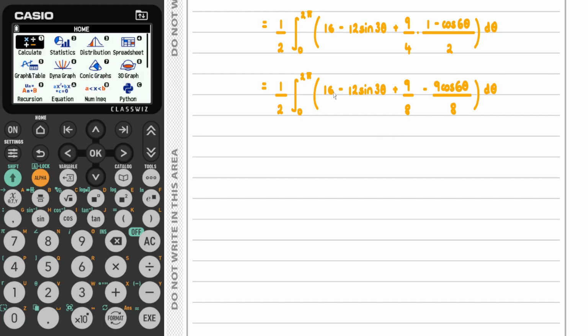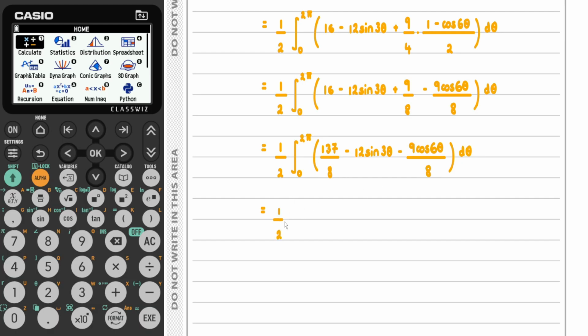If we combine the 16 and the 9 over 8, we end up with 137 over 8. So I've got a half times the integral from 0 to 2 pi of 137 over 8, subtract 12 sine 3 theta, subtract 9 cos 6 theta over 8 d theta.